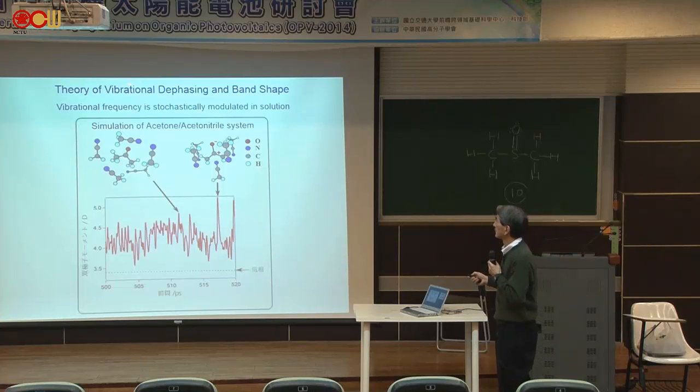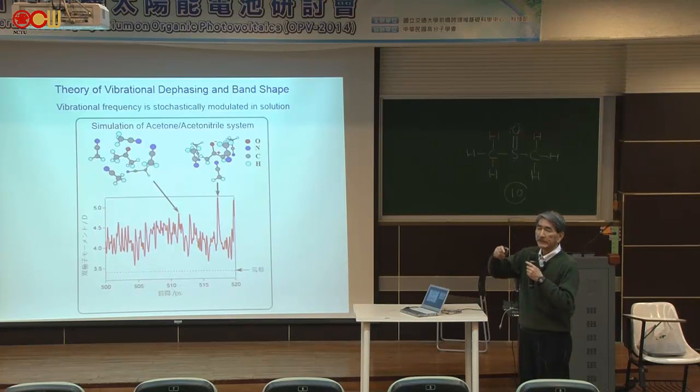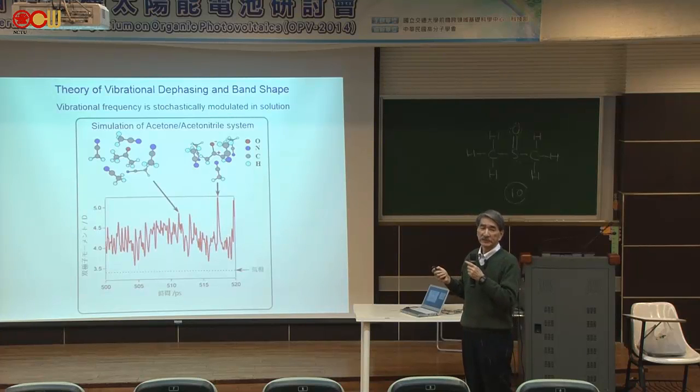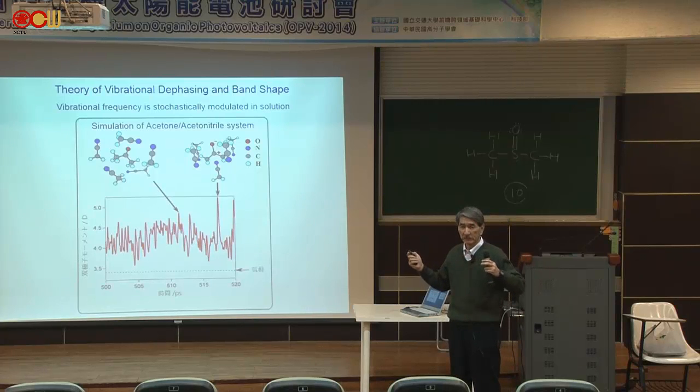This is a theory of vibrational dephasing and band shape. If you have the Raman band, the peak position corresponds to the vibrational frequency that I already mentioned. But the bandwidth comes from the dephasing of the vibration. Dephasing means how the phase relation is lost.